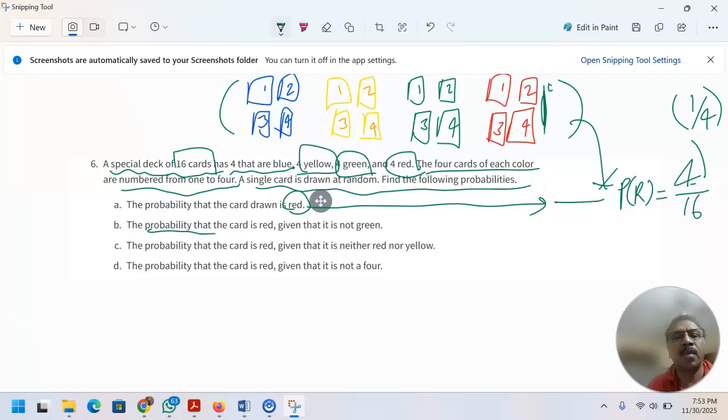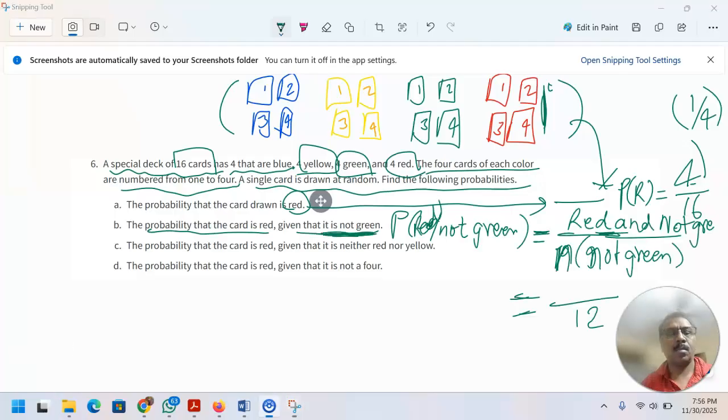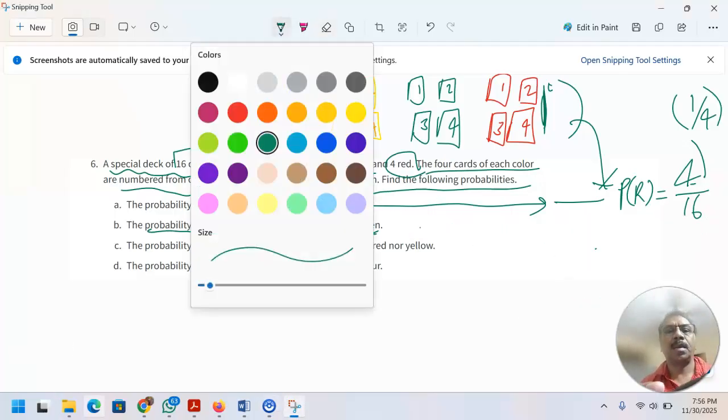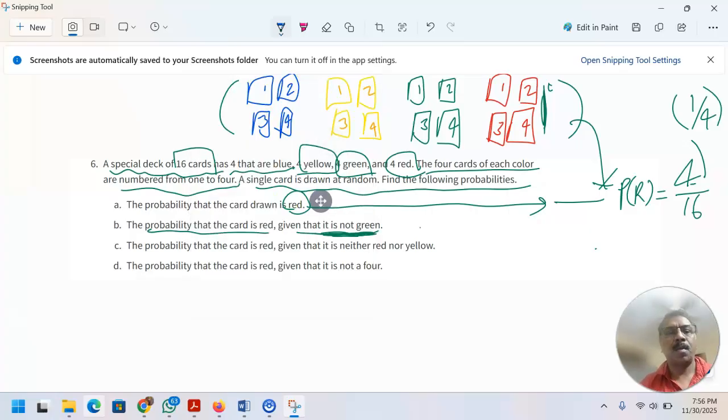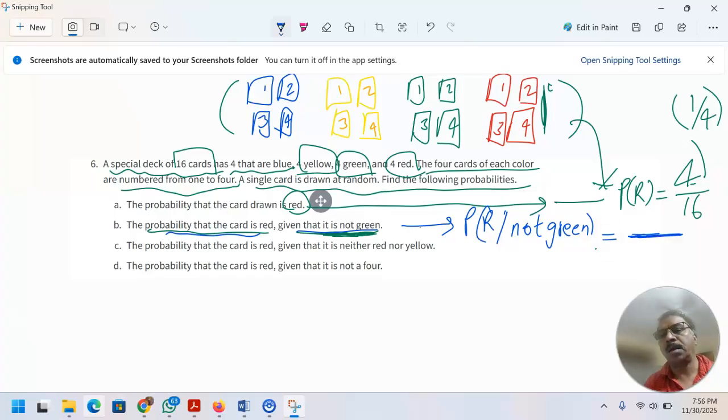This second question is, what is the probability that the card is red, given that it is not green? So we can use reduced sample space. What that means is, you already know that it is not green.